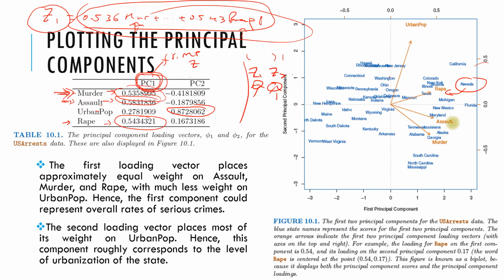We see that, for example, Maryland has a very high assault rate. And overall, any region that is found to be on this side will have a more or less high crime rate.